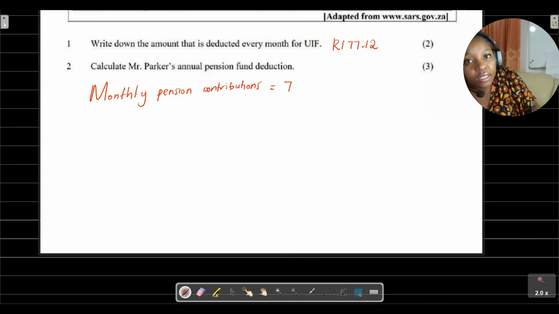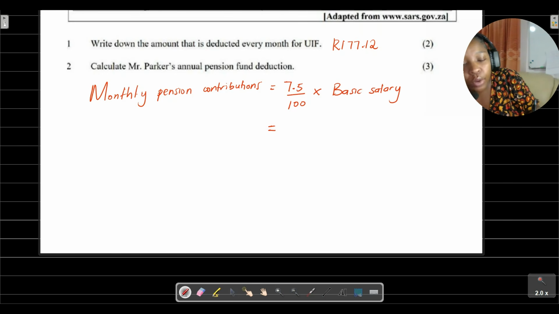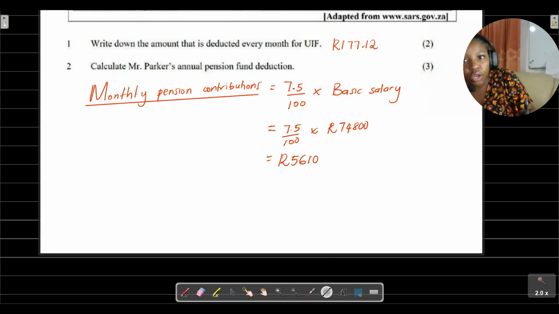So we're going to take 7.5 over 100 multiplied by his basic salary, 74,800. This basically gives us 5,610.